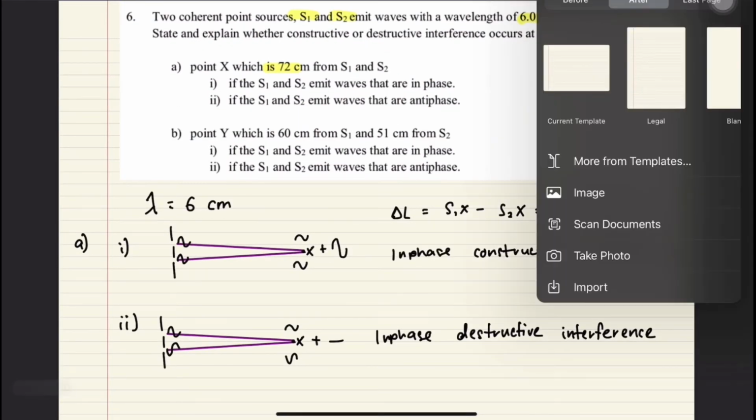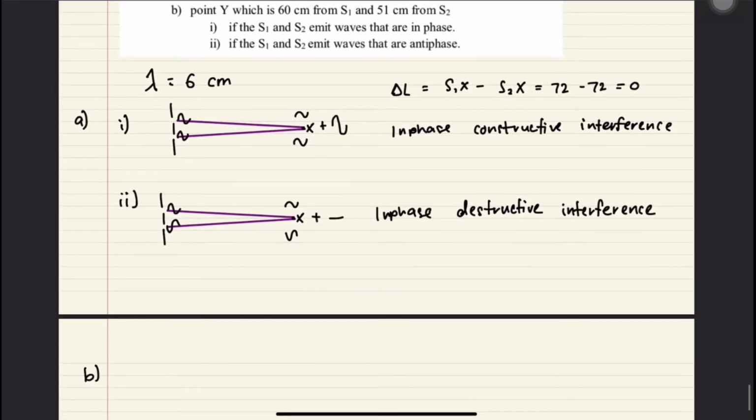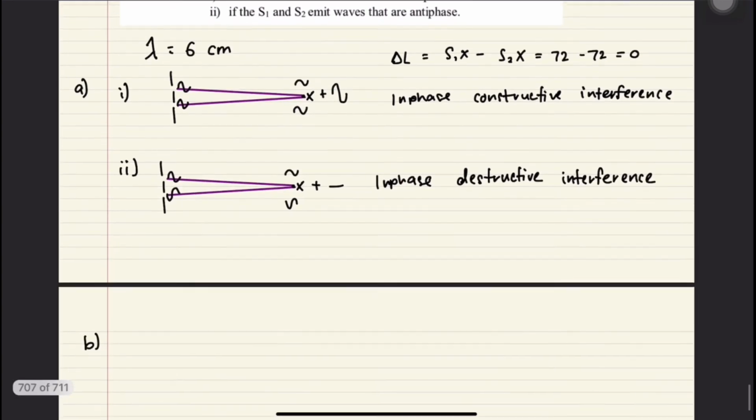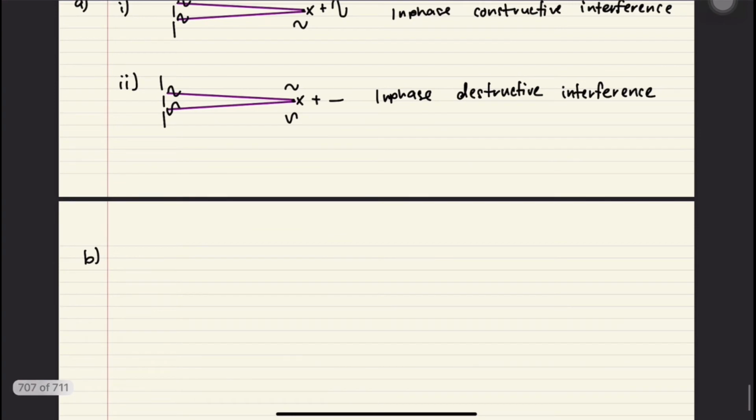For question B, it says that point Y is 60 centimeters from S1 and 51 centimeters from S2. For this case, if I want to draw, again you still have two slits.